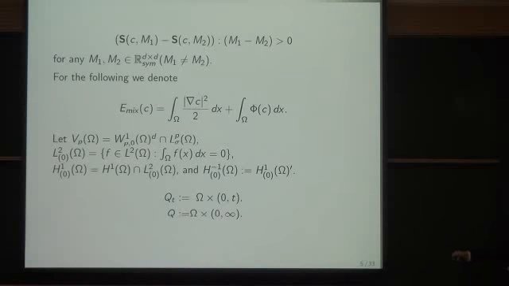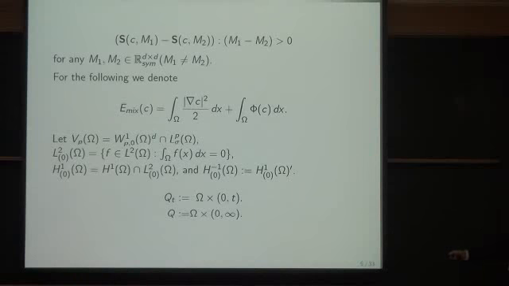And V_p is the subspace of L^p_σ which has one derivative in L^p and also vanishes on the boundary.